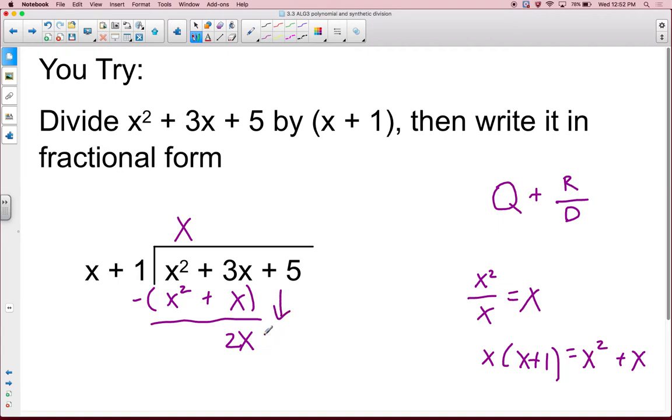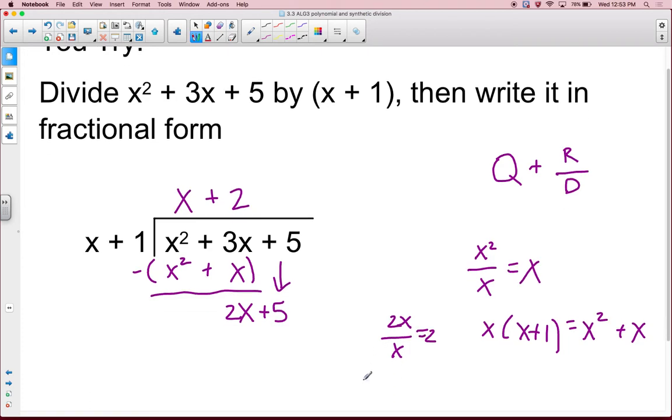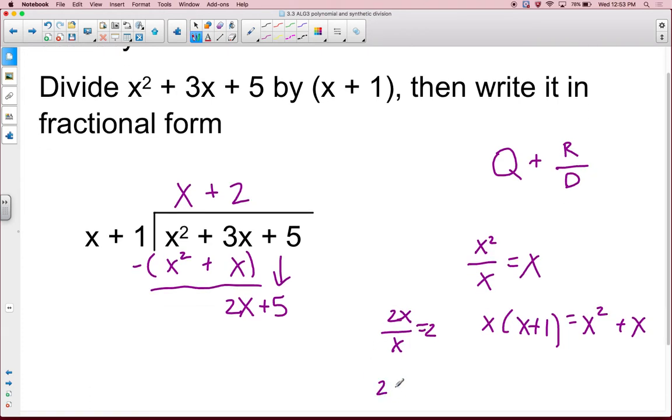We bring down our next term and we repeat it. We have 2x over x is a 2, so we put a 2 up top. We multiply here and we get 2 times x plus 1 will give us a 2x plus 2. We put that in parentheses and we subtract it. 2x plus 2.